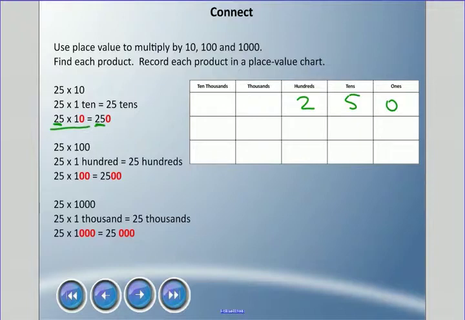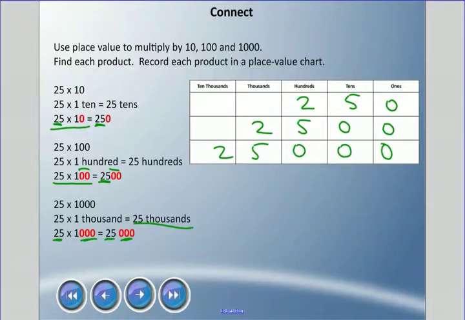And I don't know if you notice here, I have that 25 again, and then I have these two zeros. I want you to be observing a pattern here. Let's say I go 25 times 1,000. Well, if I do that, I have 25 thousands, and you can see the front number is the same, and I have three zeros, so 25,000.